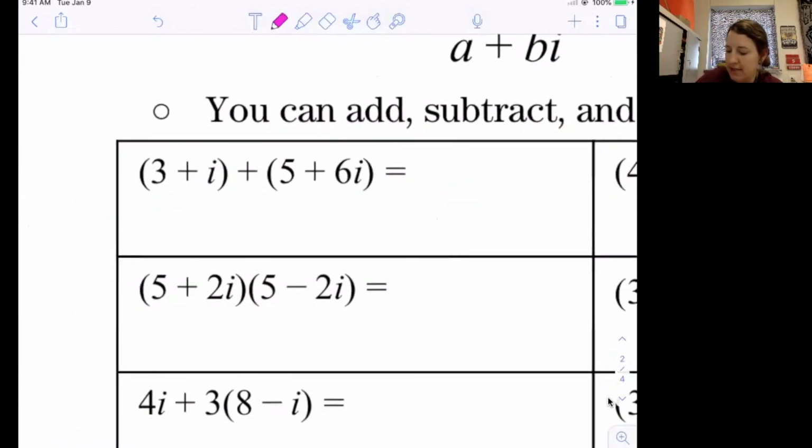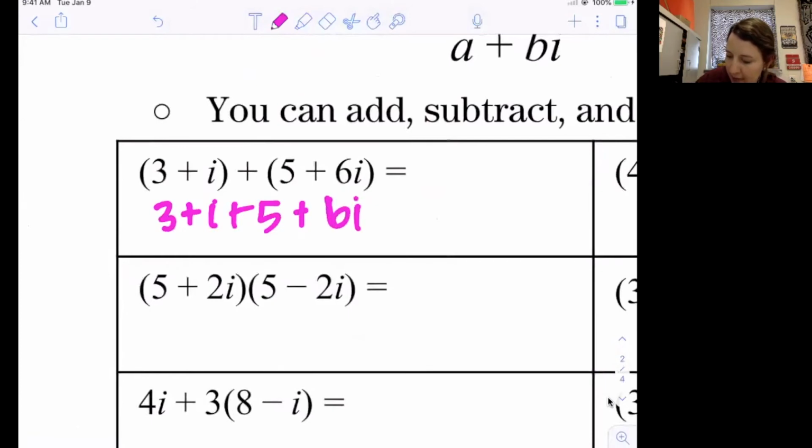Okay, here in the first example, we're just adding. So there's really no reason to have these parentheses because we're not distributing anything. So you could, if you wanted to, write it without the parentheses, if that makes you feel better. And then we're just combining like terms. So I have a 3 plus a 5. So 3 plus 5 is 8.